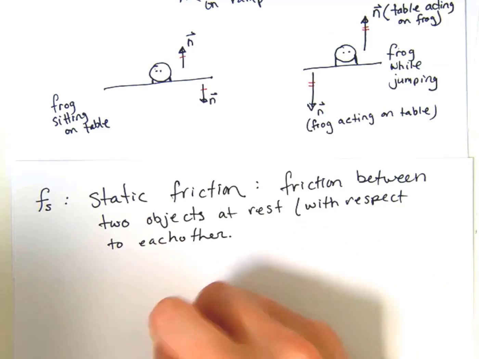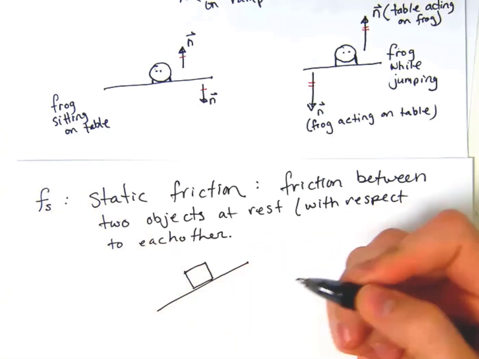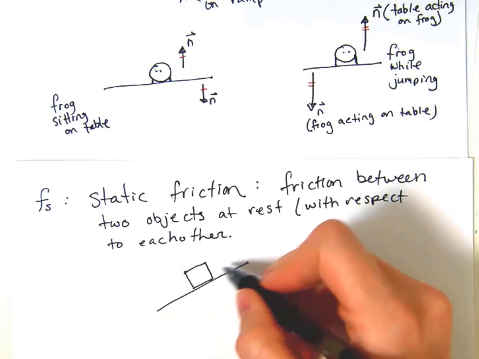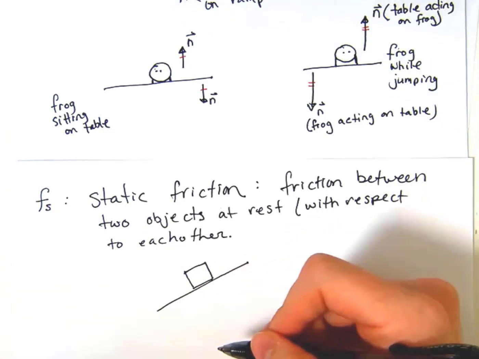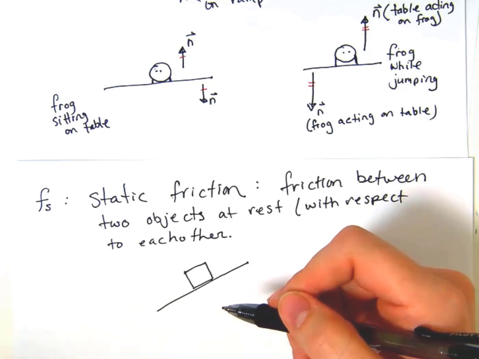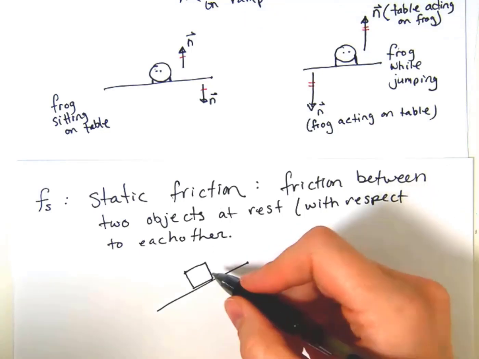So let's go back to a ramp with a block on it. Now, if this ramp was icy, then the block would just slide down the ramp. So why doesn't it slide down the ramp? Why can't it just sit there? And it's going to be because of friction. And since it's just sitting, we'll call it static friction.